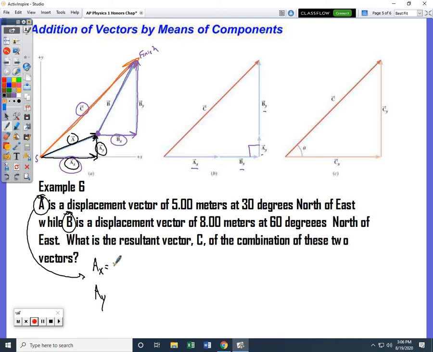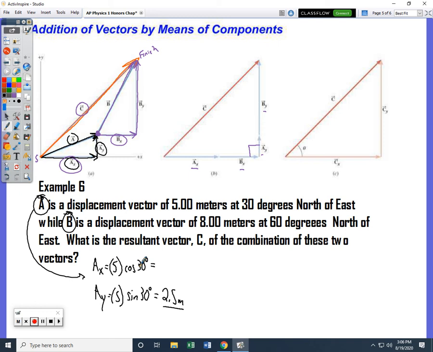I'm going to take my hypotenuse, which is 5 meters, and to find the x, I'm going to use the cosine of this 30 degrees. And then for the y, I'm going to take my 5 meters and multiply by the sine of my 30 degrees. Here's an extra little trick. I happen to know the sine of 30 degrees is actually 1/2, so this would be 2.5 meters.